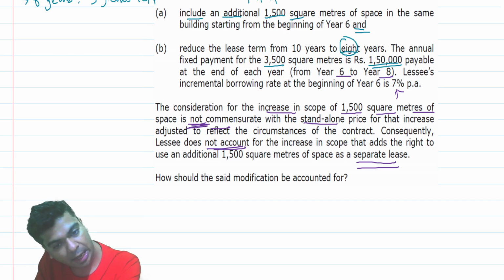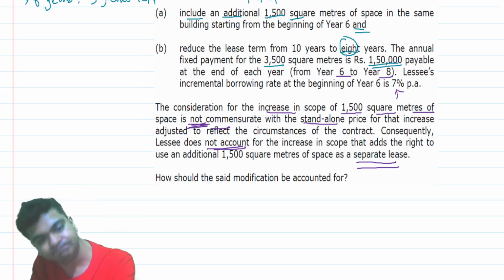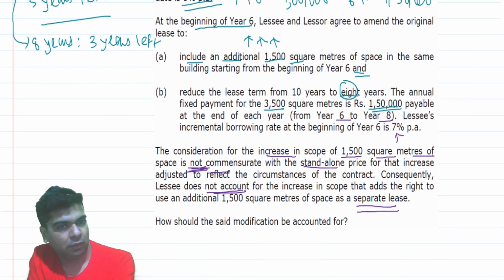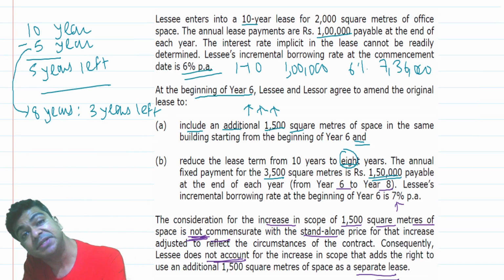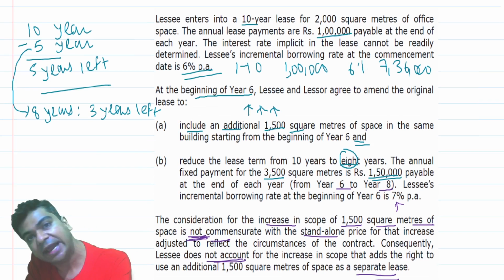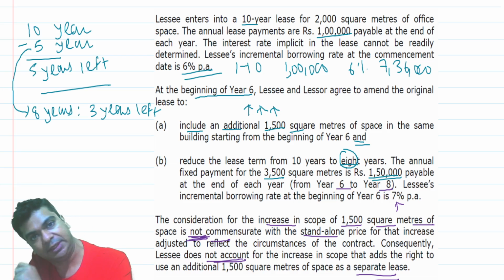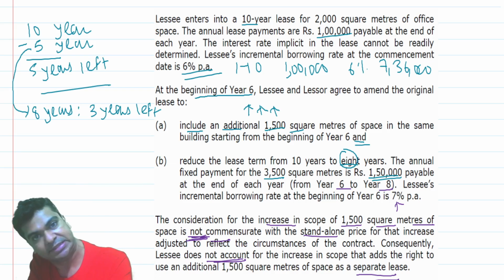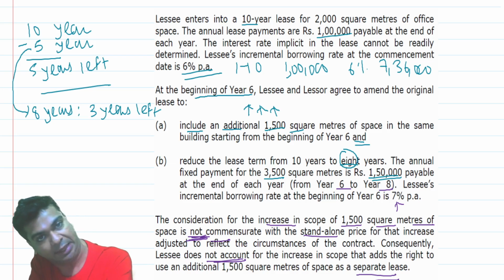They are saying, how should the said modification be accounted for? Before we do the accounting for the modification, we will require certain figures for our existing lease, isn't it? So we know that we have to first calculate the initial lease liability, which we will pick up from the earlier question, which we know is 7,36,000. Then on the date of modification, what exactly is the carrying amount of the original lease liability?